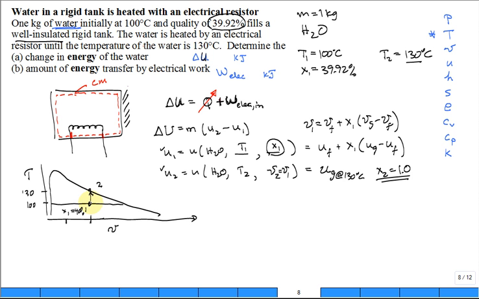It went from a point right here to a point right there. Yes, sir. And that's the reason for using just U sub G. What you'll find numerically is that V1 is V2, which is equal to V sub G at 130 degrees C, exactly my V1.